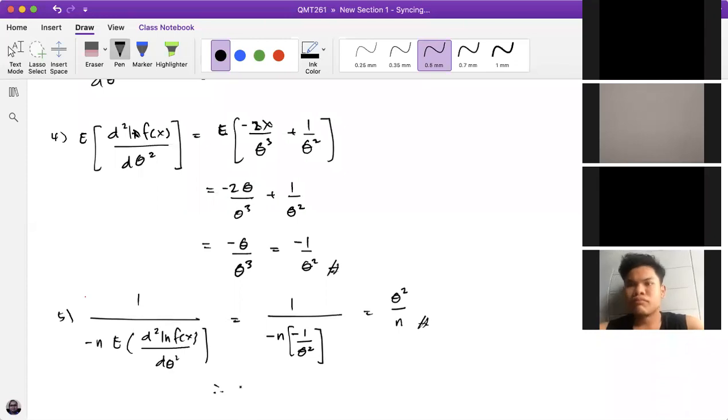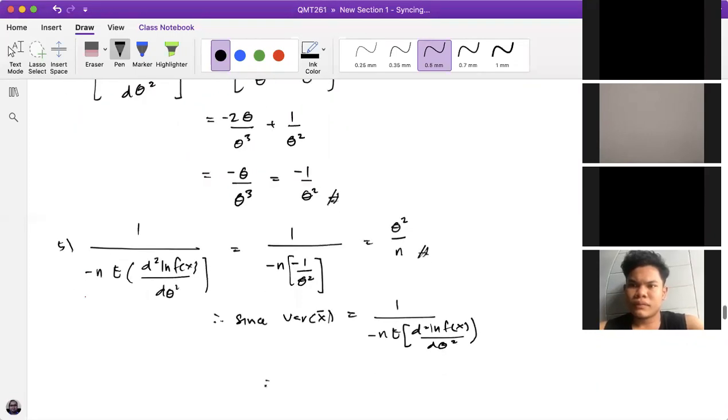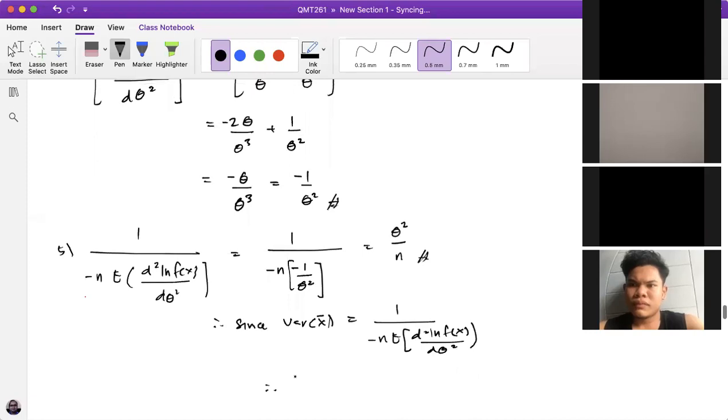Since the variance of x bar is equal to 1 over negative n times the expected value of d squared ln f(x) with respect to theta squared, we can say that x bar is the minimum variance unbiased estimator for theta. That's all.